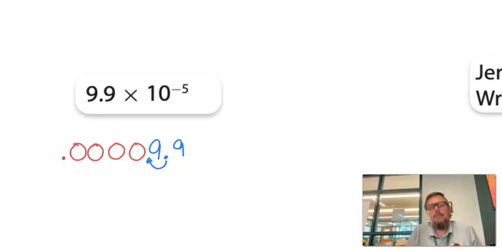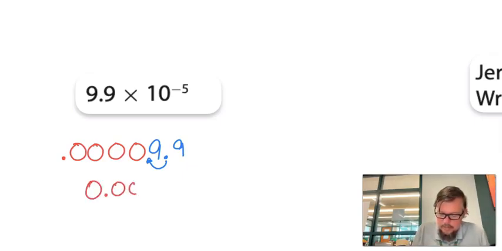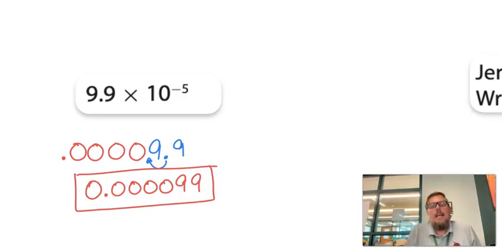And there's our decimal. Hey, look at that. 4 zeros after the decimal. So 0.000099. And there's our standard form, standard notation number.